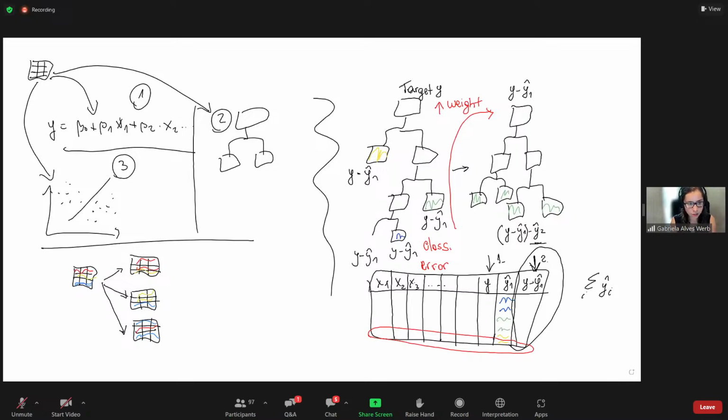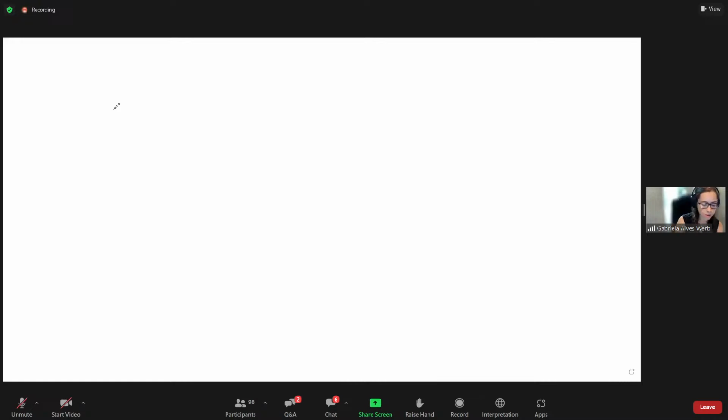And we had another question about the concept of surrogates and split variables. Let me start from scratch, with a clean slate. The idea here is when we're doing these splits.